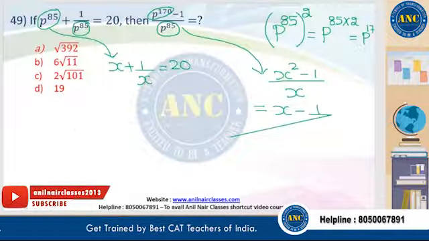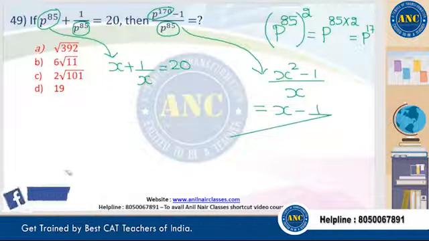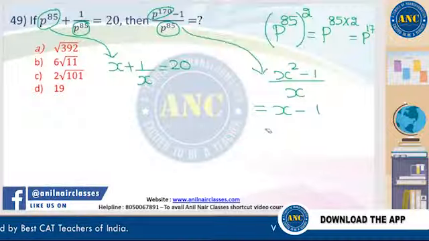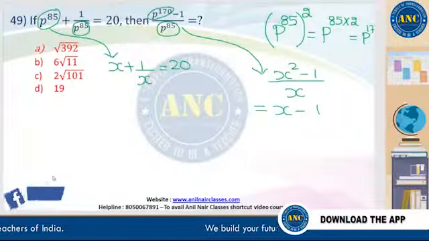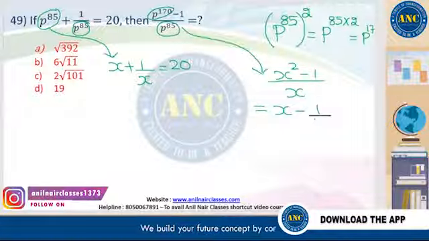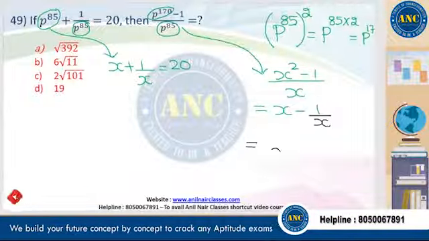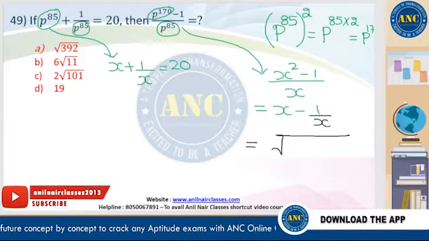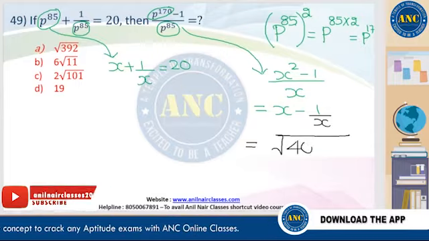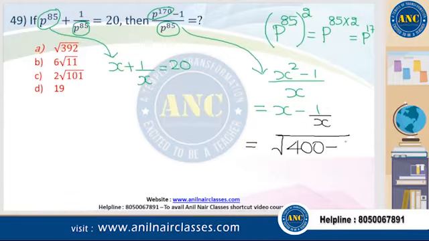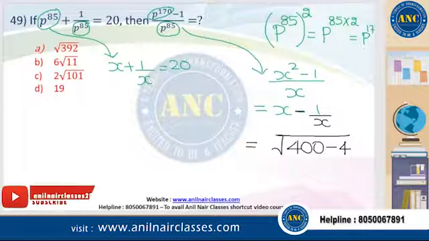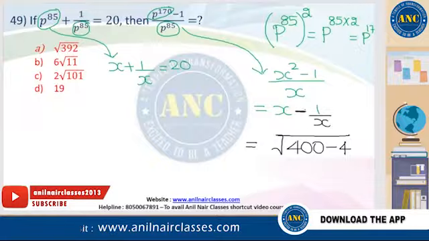But unfortunately we feel that it is very difficult because the question has some bigger numbers and you feel, how can I find the power of such huge numbers. x plus 1 by x is 20. x minus 1 by x is plus or minus square root of 20 square, that means 400, minus 4. Why is it minus 4? Because the question is asking you for x minus 1 by x.